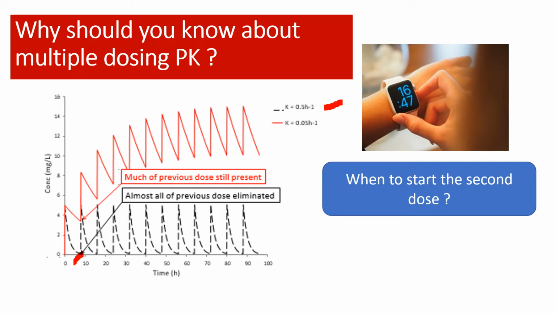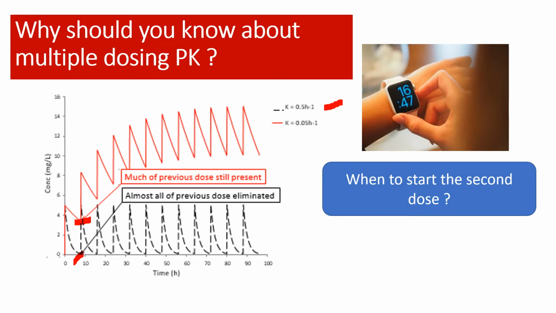Pharmacokinetic accumulation will occur if a significant proportion of one dose is still present at the time when the next dose is due. Here you can see the red line. At the point at which the second dose is given, the drug from the earlier dose is still there, so the second dose concentration plus the previous dose concentration will add up.